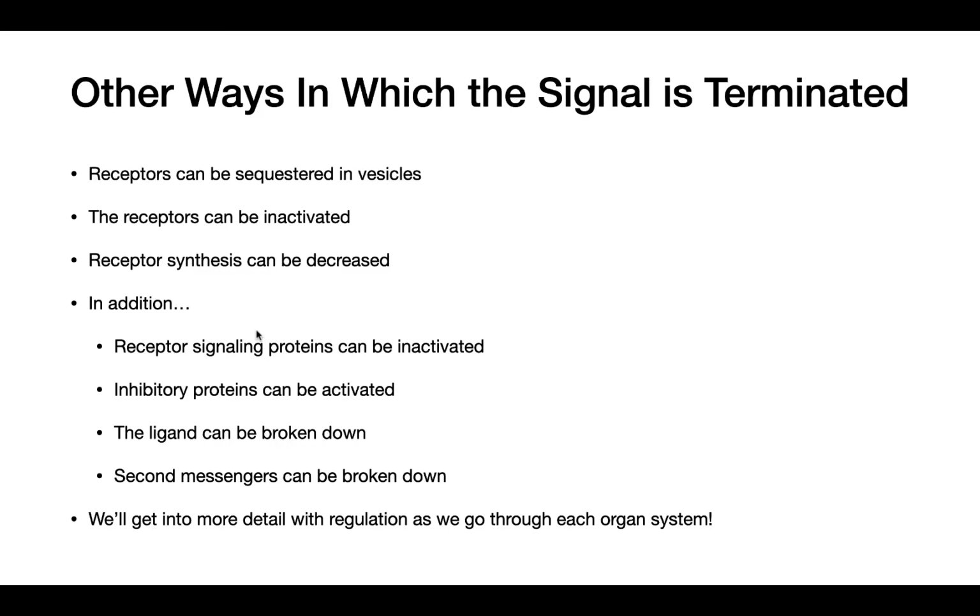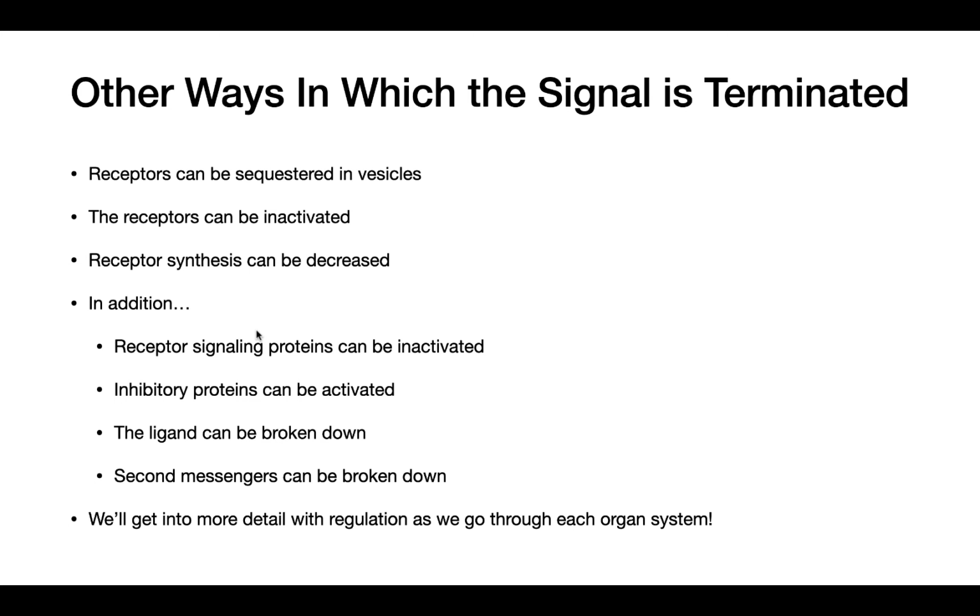So there are other ways in which the signal can be terminated. This includes the fact that receptors can be sequestered into vesicles. The receptors can be inactivated. The receptor synthesis can be decreased. You can also have different signaling proteins that are downstream from the activated receptor be inactivated.